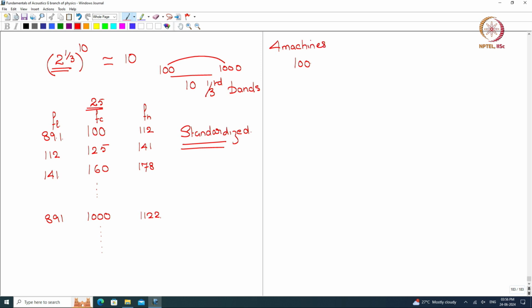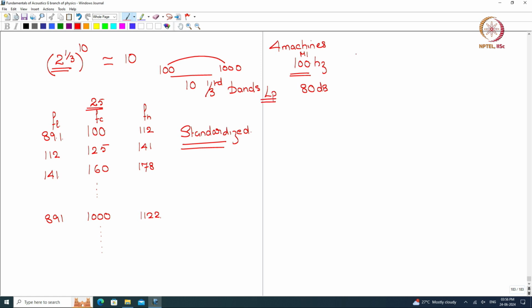Machine 1, M1, makes noise within the 100 hertz band, and its value is 80 dB. Let us say sound pressure level, LP, 80 dB.